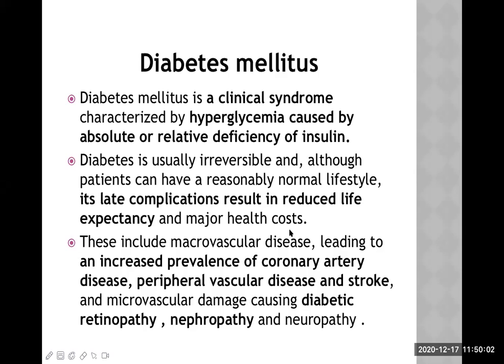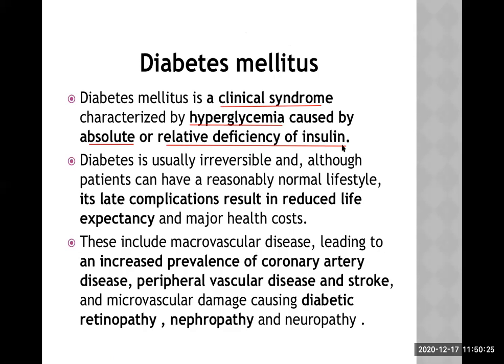Now, what is diabetes? If somebody asks you what is diabetes mellitus, everybody knows how to answer. So this is the proper way of defining diabetes. Diabetes mellitus is a clinical syndrome characterized by hyperglycemia, which is caused by absolute or relative deficiency of insulin.